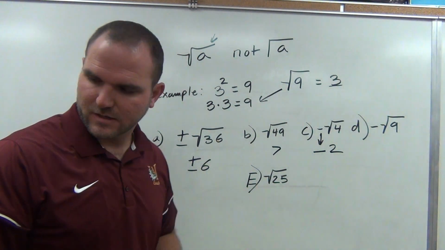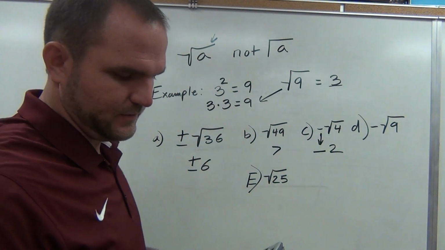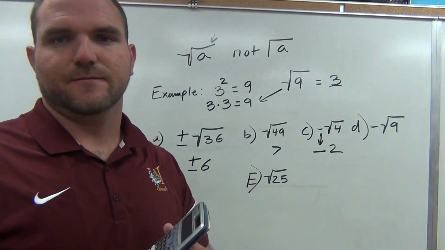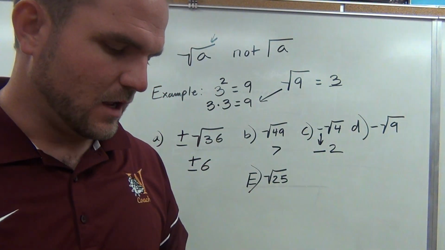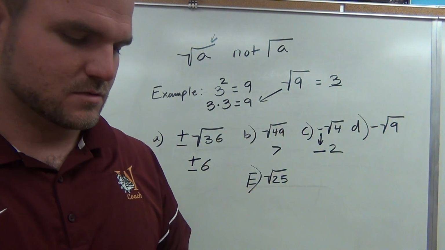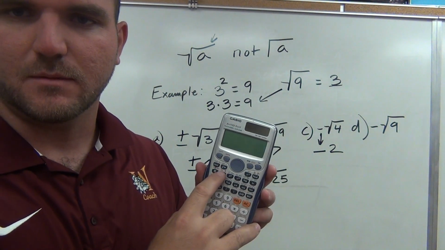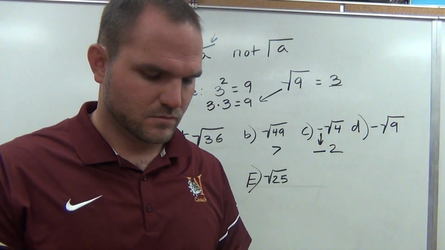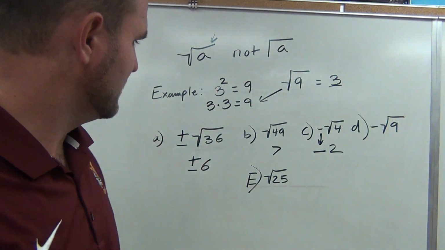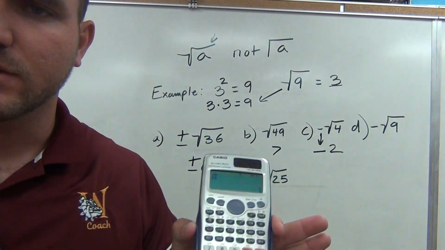Something that I forgot to talk about was if you have a calculator, you are welcome to use a calculator. There is a square root symbol on here. If you can get a general idea of where that button is right there. If you push that button and then put in your number, of 4 for example, it would give you your answer.